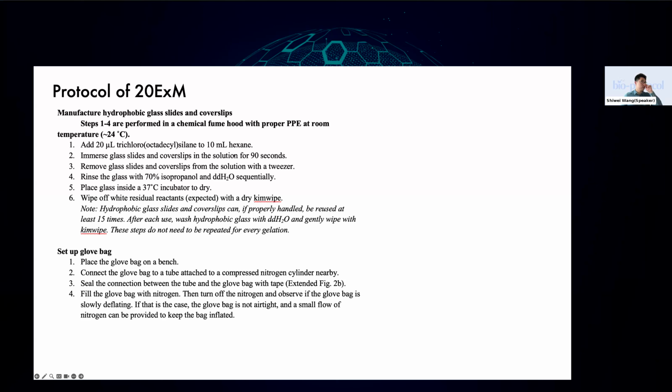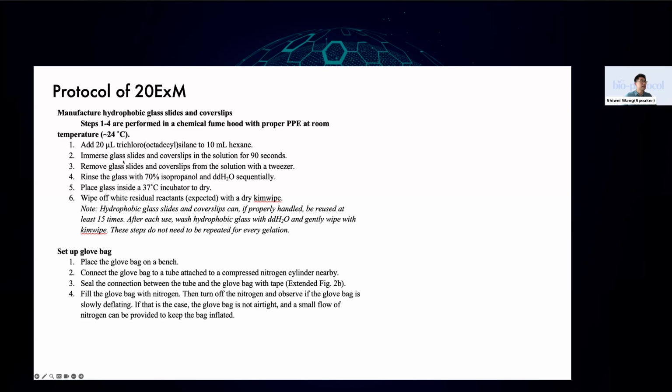And then the first 4 steps should be performed in a chemical hood with proper personal protection equipment because this involves organic solvent and hazardous chemicals. Essentially, we add hydrophobic silane, dissolve it in hexane, and you should do this in a petri dish. And you can immerse your glass slide or cover slip in the solution for 90 seconds for the reaction to occur.